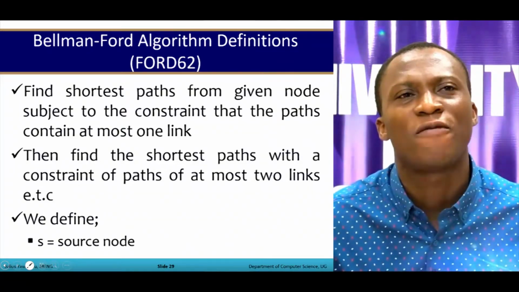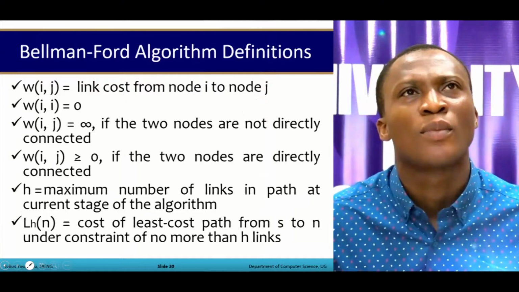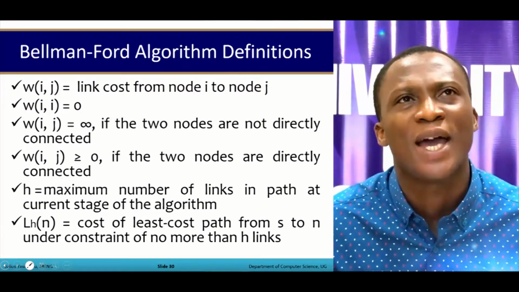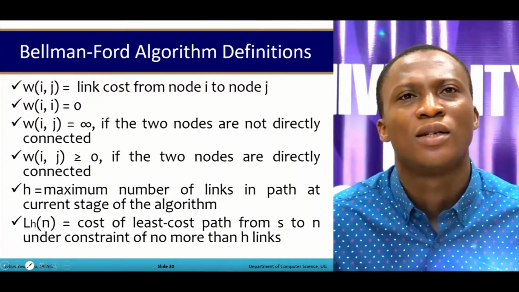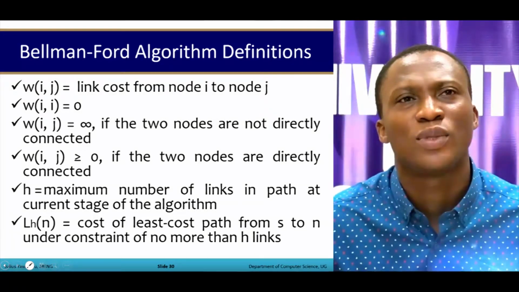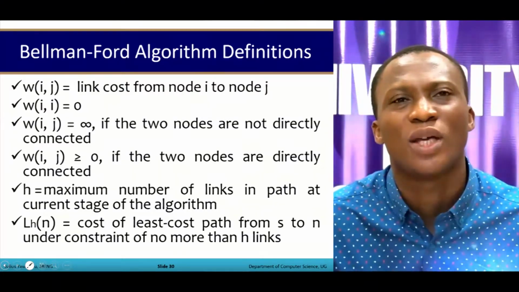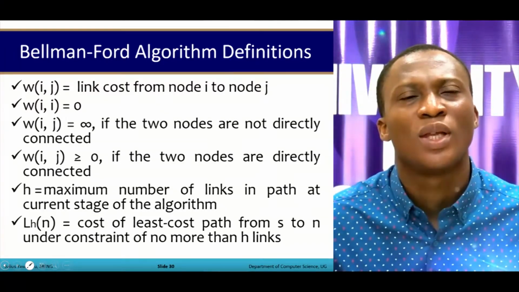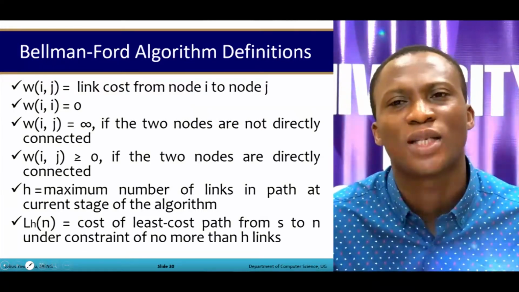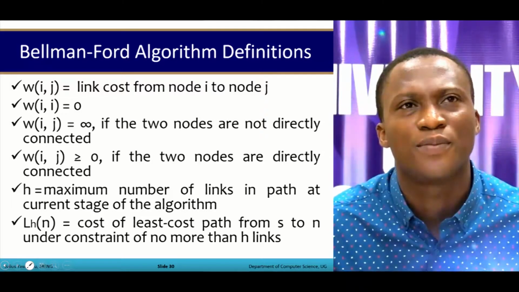Here also we define some parameters. S is a source node, and we have Wij just like in Dijkstra's algorithm. We have Wii, that cost is 0. Then we have Wij when there's no direct connection, that is infinity. Then we expect that when there's a direct connection, Wij should be greater than or equal to 0.